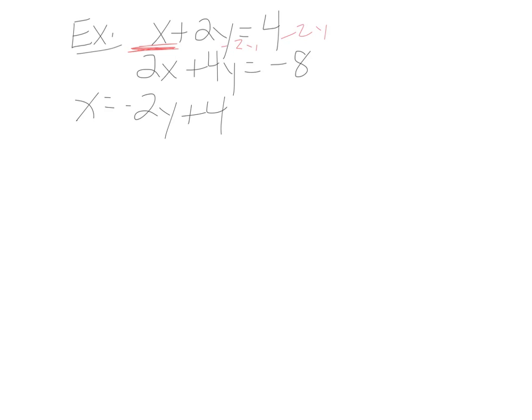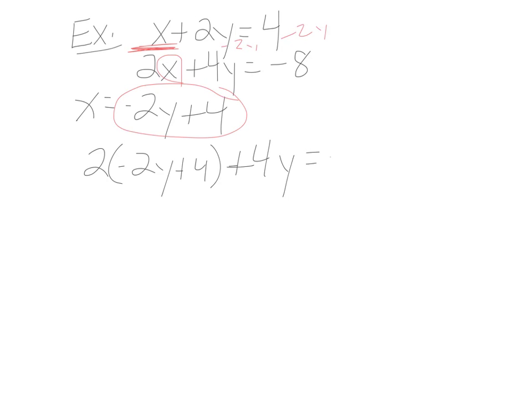Now I'll substitute the negative 2y plus 4 in for x in the other equation. Because it says x equals, I have to plug that in for x. So 2 times negative 2y plus 4 plus 4y equals negative 8. Distribute.